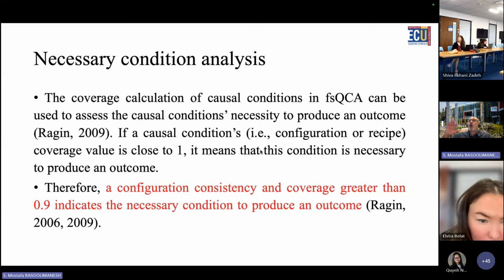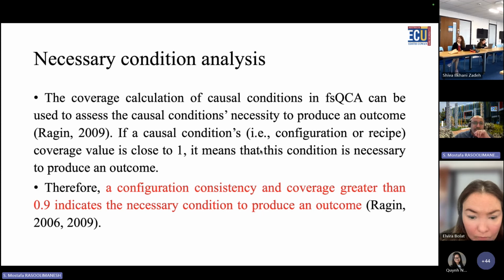It has its own algorithm and software that can calculate necessity in degree. So how necessary is this factor to create the outcome? So it's not necessity in kind.